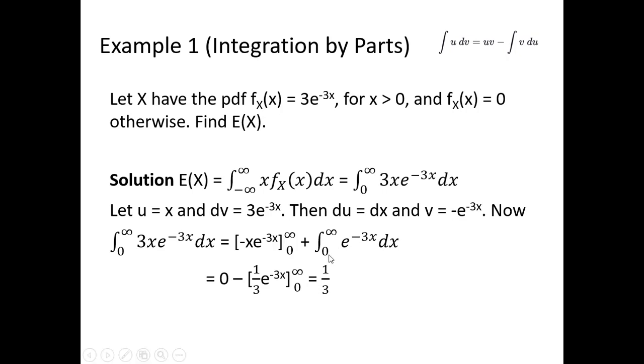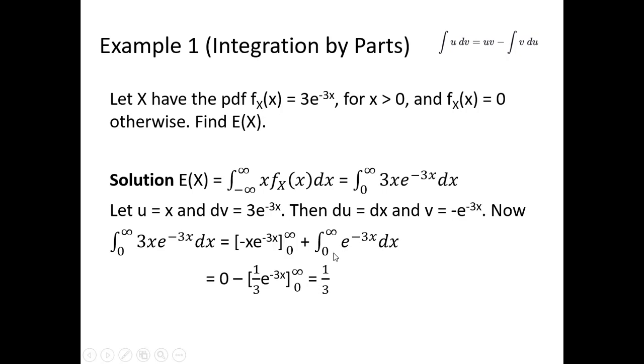And we have the integral 0 to infinity of e to the minus 3x dx. So when I evaluate the first part, we end up with 0. Right here I have e to the minus 3x, x going to infinity, so this will be 0. And then down here I'll have minus, and x equals 0. So this whole thing becomes 0.